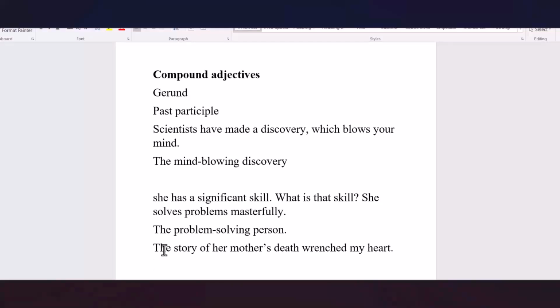So you use an adjective, and that adjective is a compound adjective. You say the heart-wrenching story. Okay, this is the adjective that pins down the story, and the addressee now knows better what story we are talking about.